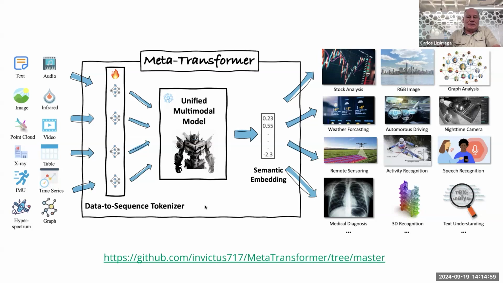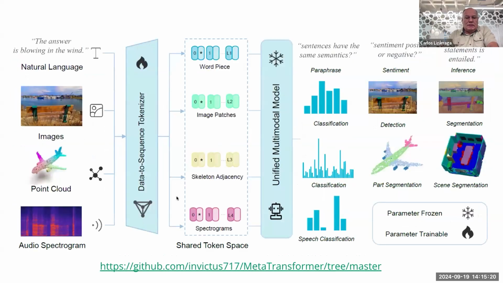So this is the ideal thing that we are looking for. And eventually we have some models that do something like this, but still there needs to be a lot of work done.